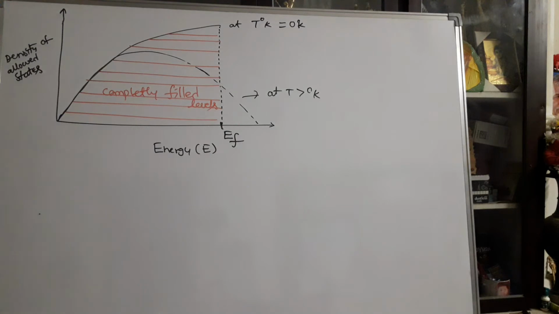So Fermi energy level can be defined as the energy of the topmost filled level and is calculated from the number of free electrons.